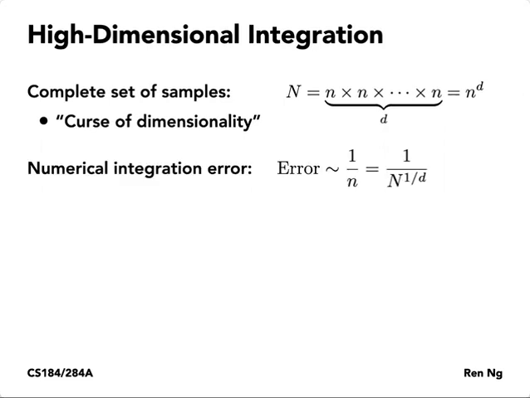And part of the problem is that the numerical integration error falls proportional to 1 over little n, the number of subdivisions in each of the dimensions of integration.